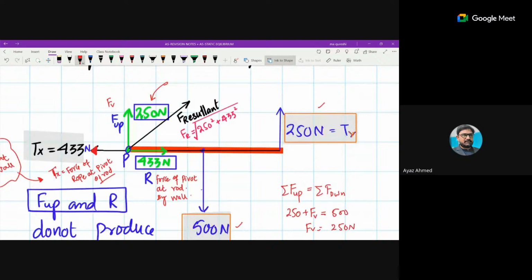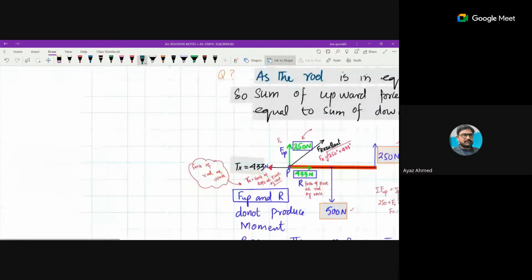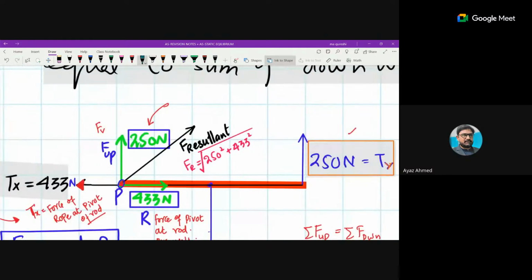It means that on this rod, here at the hinges, there are two forces, these two green lines, and these two forces are acting in such a way that one of them is acting upward, one of them is acting to the right. As a resultant, you are getting this black force, which is neither upward nor towards right, but the resultant of this by Pythagoras theorem, 250 square plus 433 square.